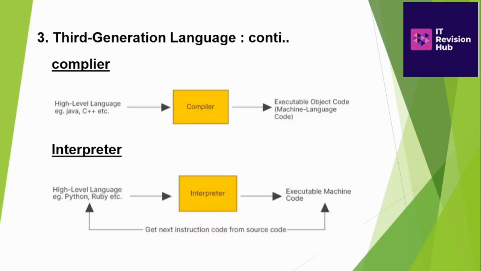Interpreter interprets high-level language statement by statement into executable machine code. For example, the first instruction is fetched by the interpreter and converted into executable machine code. Again, the pointer goes to the next instruction, gets it and converts it into executable machine code using the interpreter.